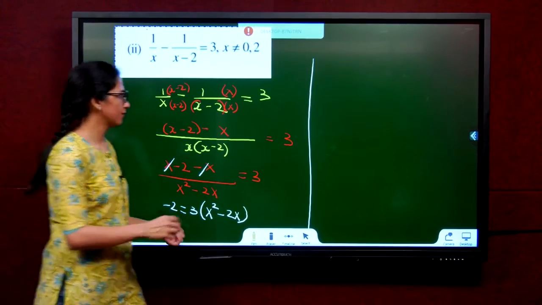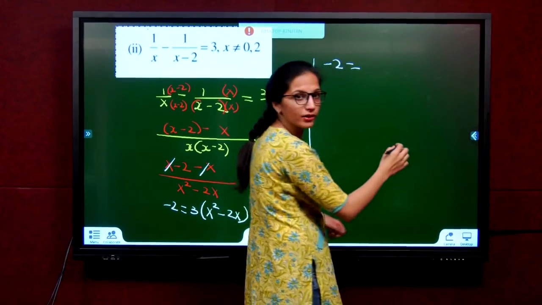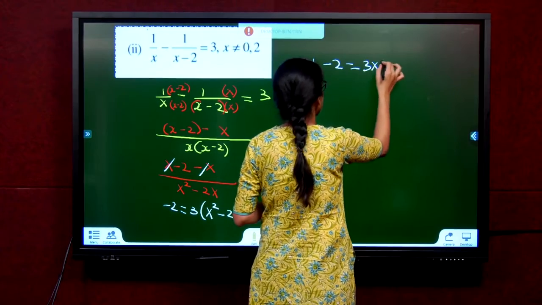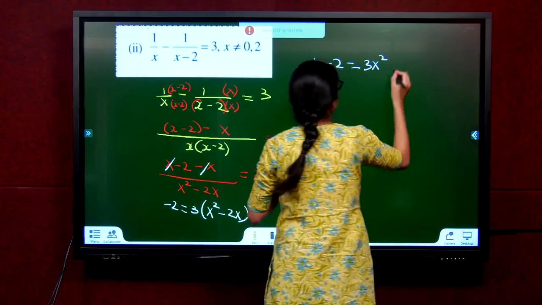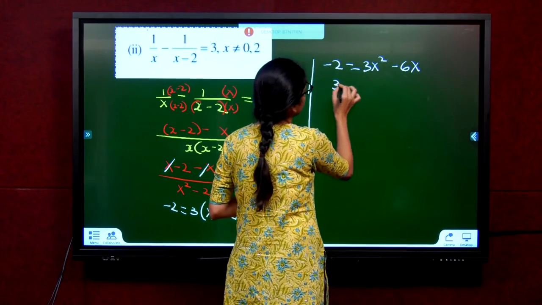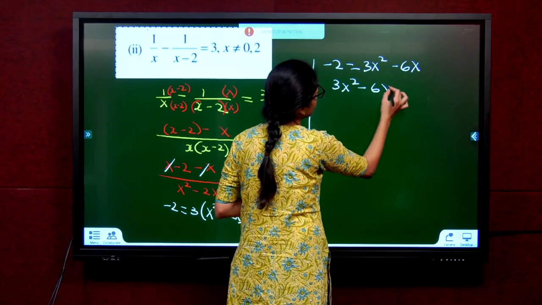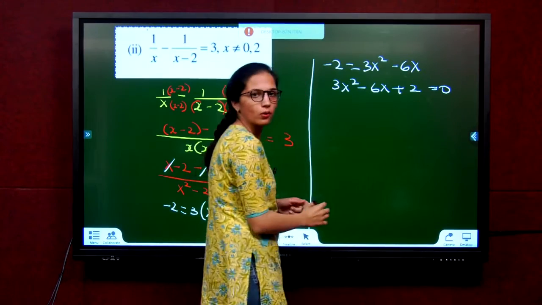So what happens here? Minus 2 is equal to 3 into x square, 3x square, 3 into minus 2x, 3 2s are 6, minus 6x. Send the minus to that side. 3x square minus 6x plus 2 is equal to 0.